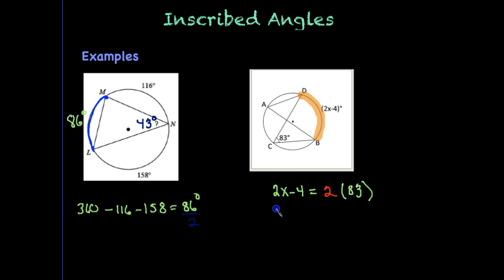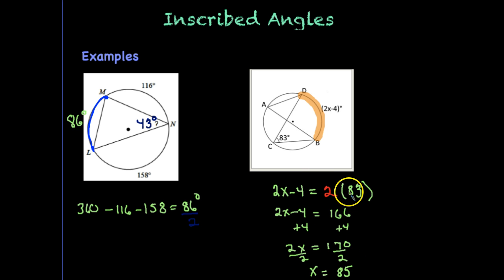So now we can just solve this problem. 2x minus 4 is equal to 166. Just add 4 to each side, and we get 2x is equal to 170. Divide both sides by 2, and we find then that x is equal to 85.